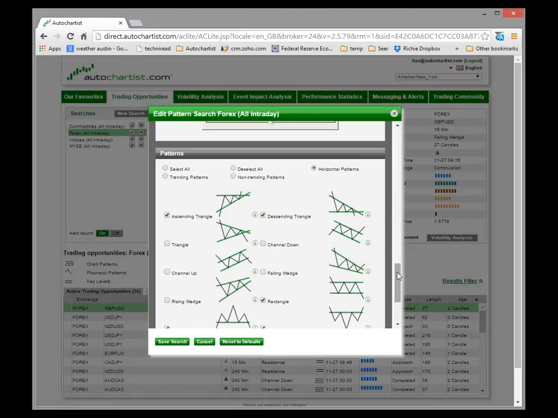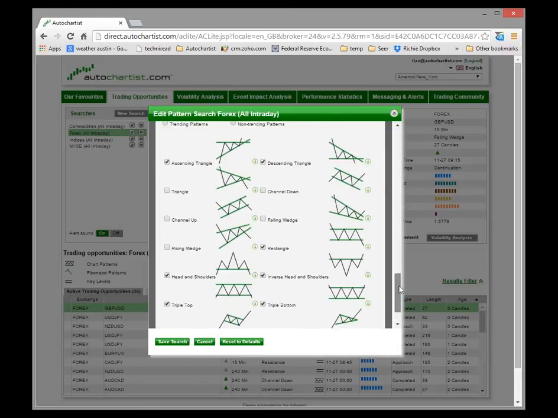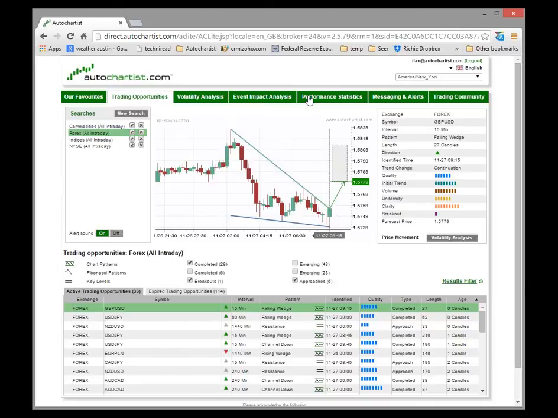If, for example, we set a stop loss or a take profit or any kind of exit strategy, we'd be measuring the effectiveness of the trading strategy, not of chart patterns. Chart patterns have existed since the 1930s, so Autochartist is really nothing new. It's just an automation of an existing theory.